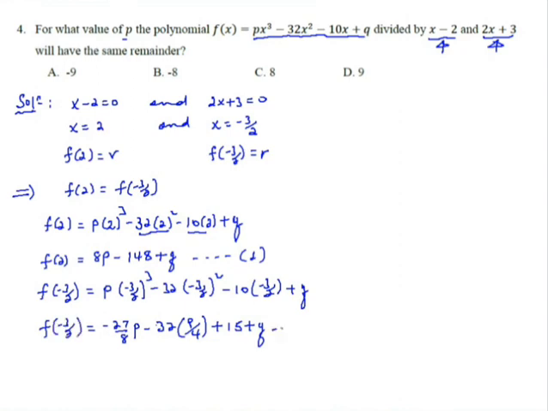Say this is equation 2. Now equation 2 and equation 1 are the same. Since f of 2 and f of minus 3 over 2 are the same, what do we do? 8p minus 148 plus q must be the same as minus 27 over 8p minus 72 plus 15 plus q.